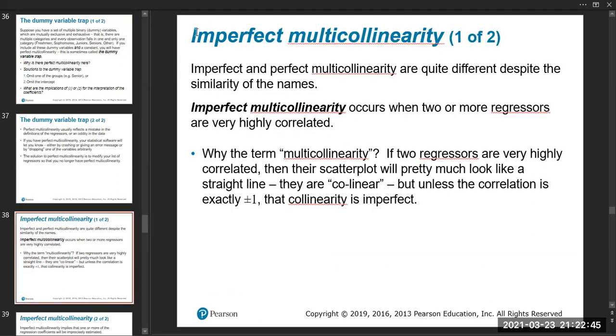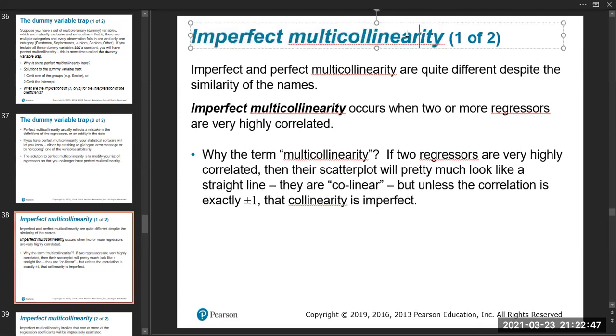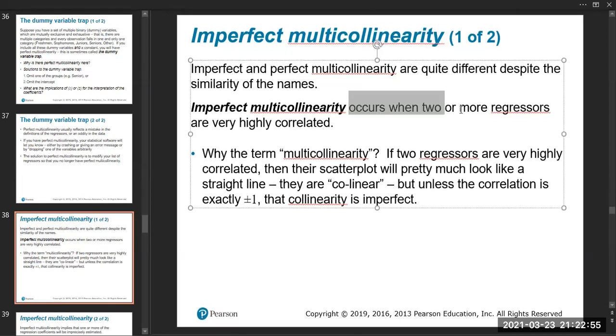We also have imperfect multicollinearity. Imperfect multicollinearity is not one of the four assumptions, but it can occur when two or more regressors are highly correlated. What kind of things can be highly correlated?